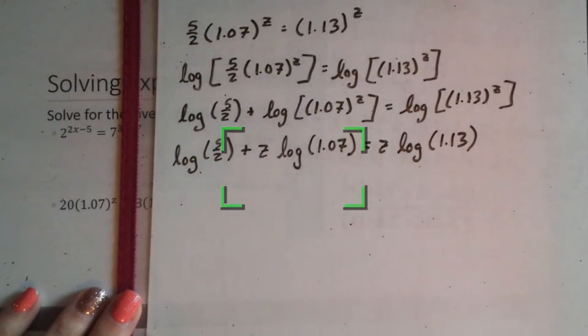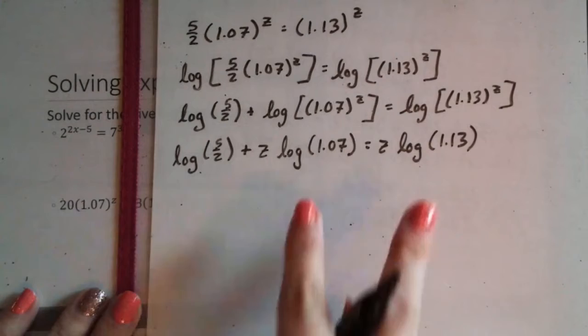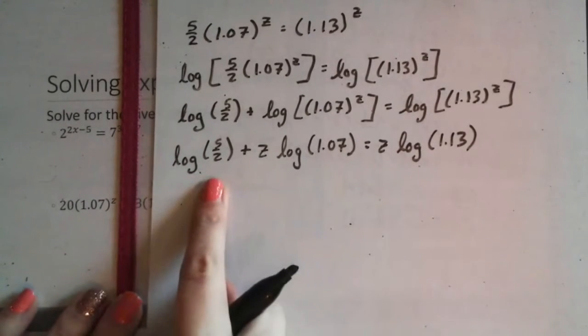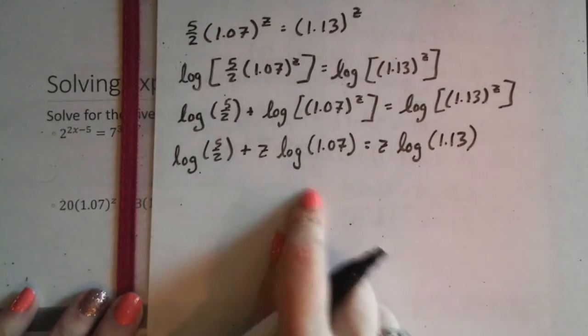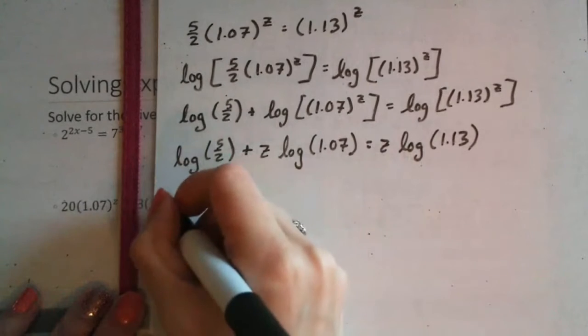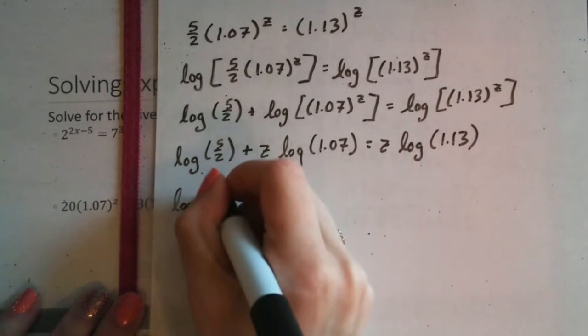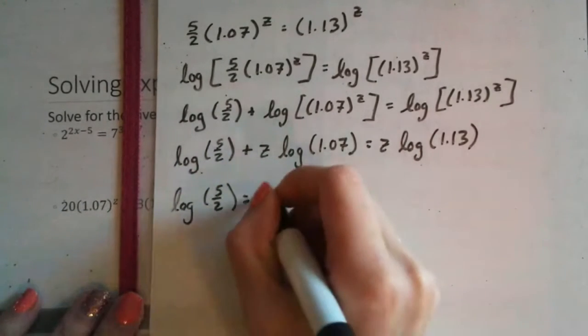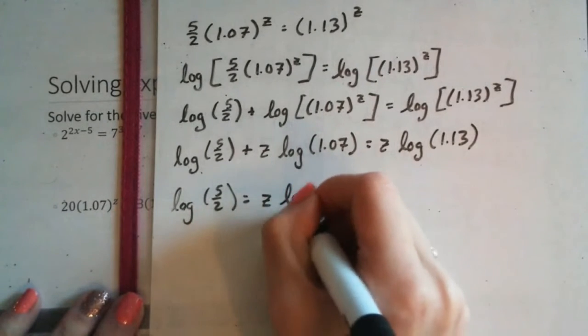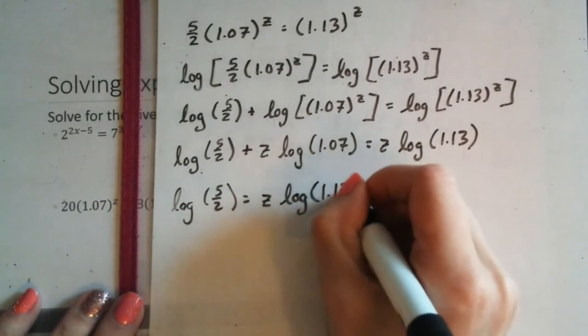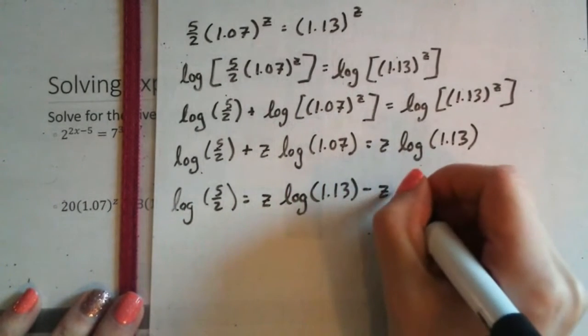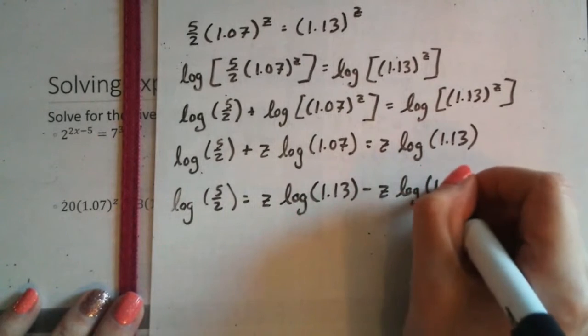I want everything with a z on one side, everything without a z on the other. These two have z's, this one does not. So I'm just going to subtract this guy over to the other side. That'll leave me with the log of 5 halves is equal to z times the log of 1.13 minus z times the log of 1.07.